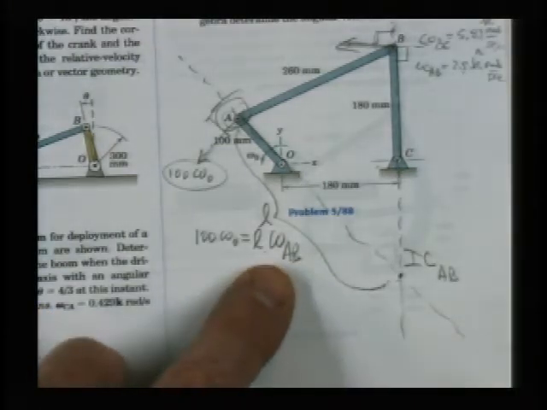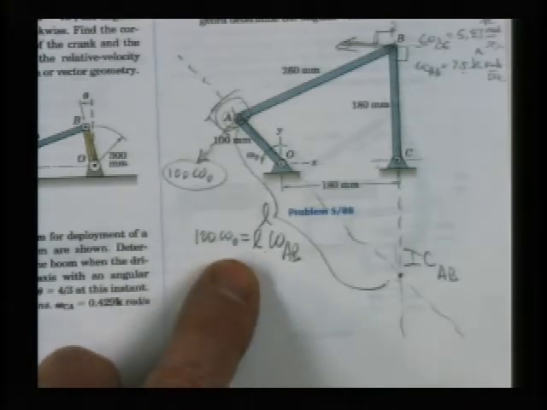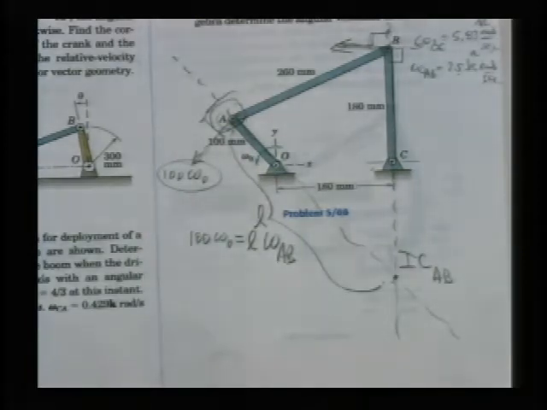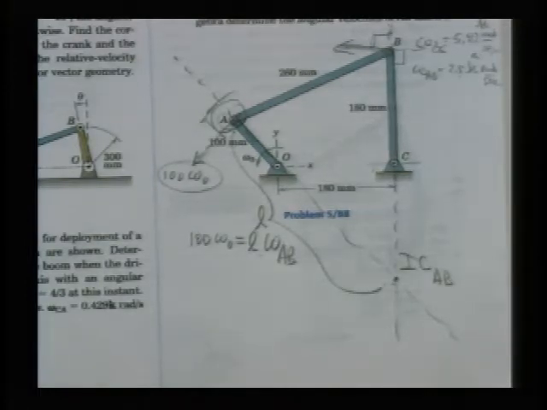So the omega of AB is going to be 100 omega O, omega naught, divided by length L. That is geometry, simple geometry.